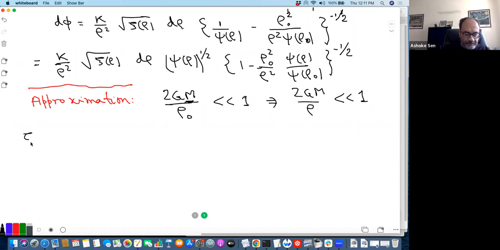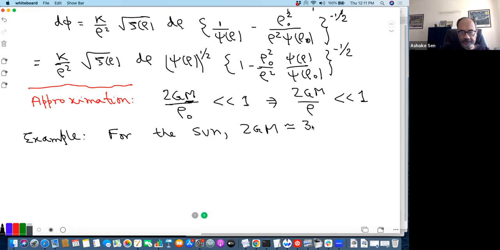This approximation basically follows from the fact that Newton's constant is typically very small. Just to give an example, for the sun, 2 GM is roughly 3 kilometers, which is of course much smaller than the radius of the sun. If the sun had been a completely compact object, then this 2 GM would have been 3 kilometers.